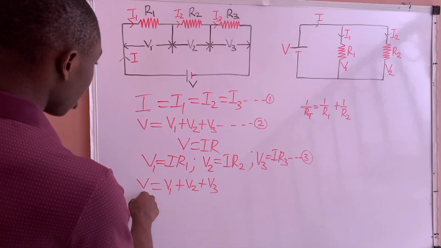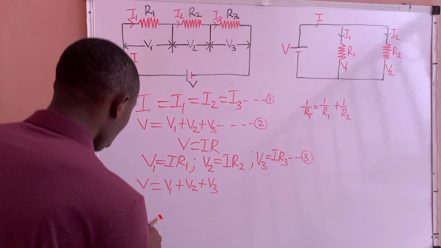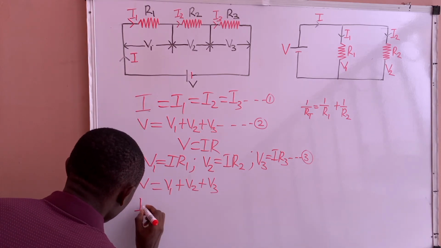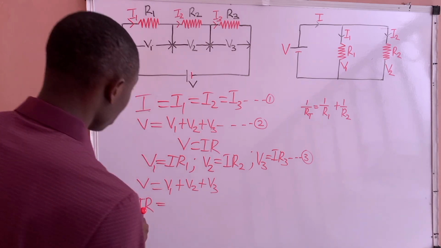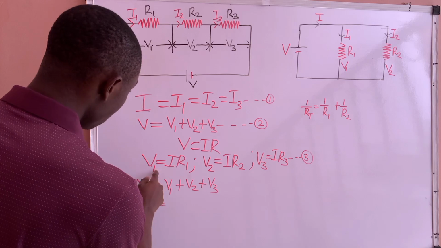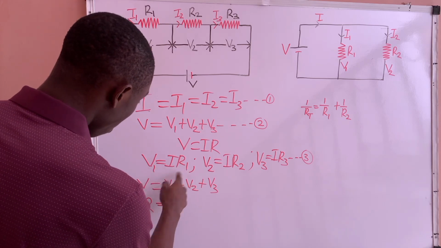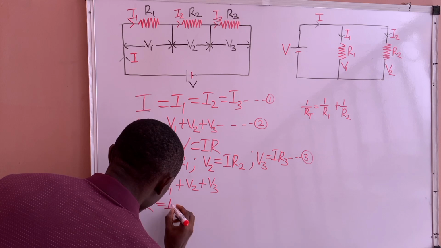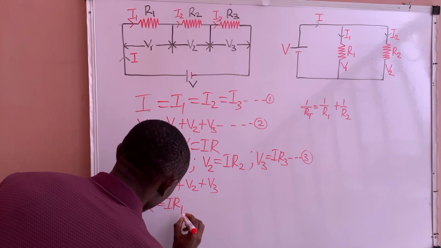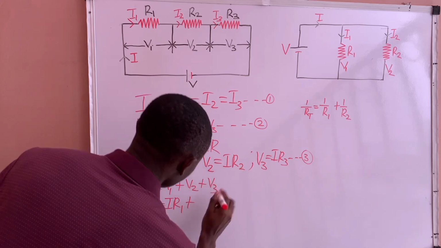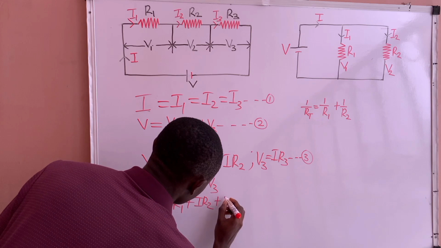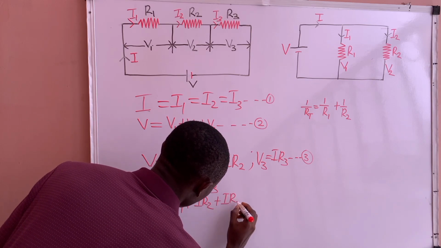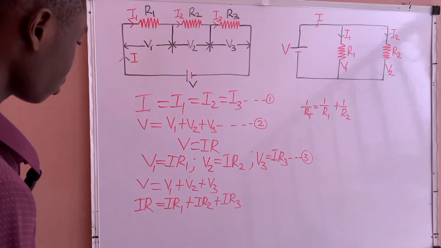For V, we have IR. For V1, we have IR1, plus V2 is IR2, and V3 is IR3.